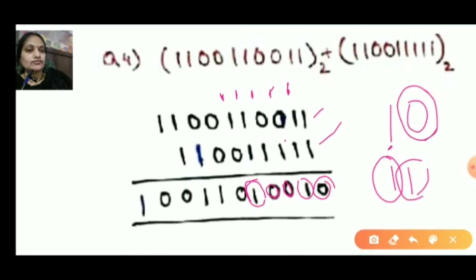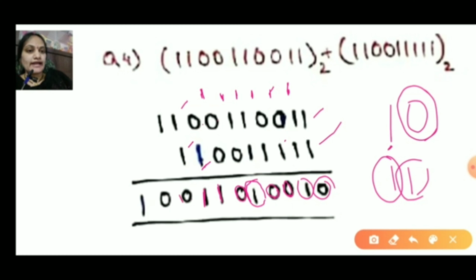Here again we are getting 2 ones. 1 plus 1, that is 1 0. 0 here and 1 here. That's why here you see 1 plus 0, that is 1. Again 0 plus 1 is equals to 1. Now again 1 plus 1 is equals to 1 0.